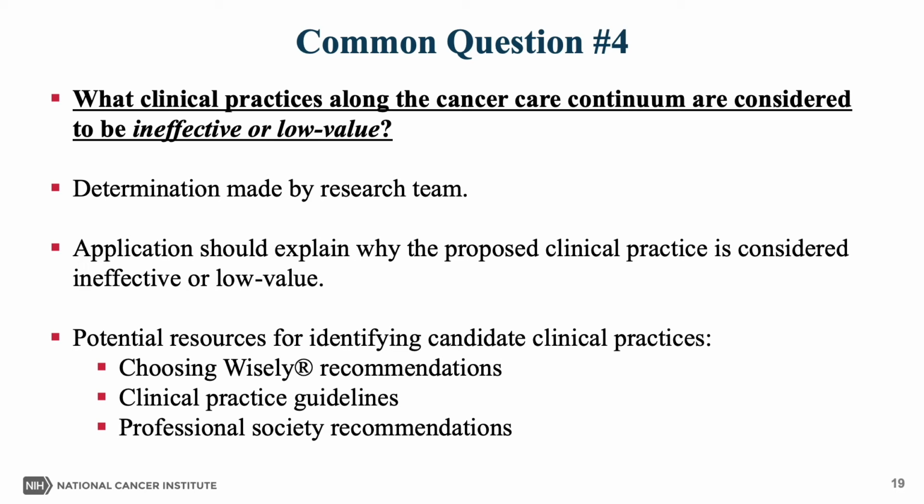Applications need to explain why the proposed clinical practice is considered ineffective or low value. And this actually will be looked at carefully by the review panel underneath your criteria, as I just mentioned.